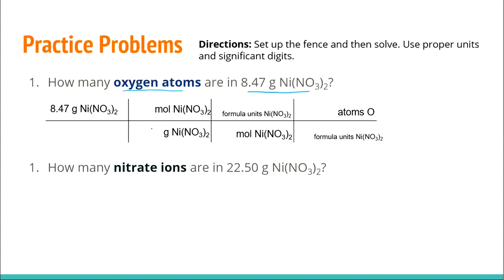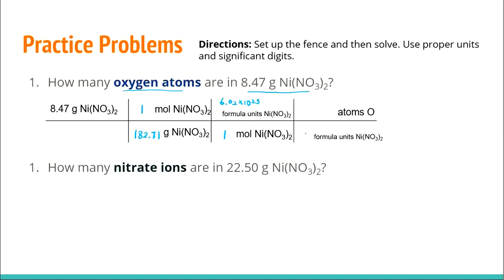The molar mass for nickel(II) nitrate is 182.71 grams per mole. So next to grams, we're going to write 182.71, which equals 1 mole. In 1 mole, there's 6.02 times 10 to the 23 formula units.